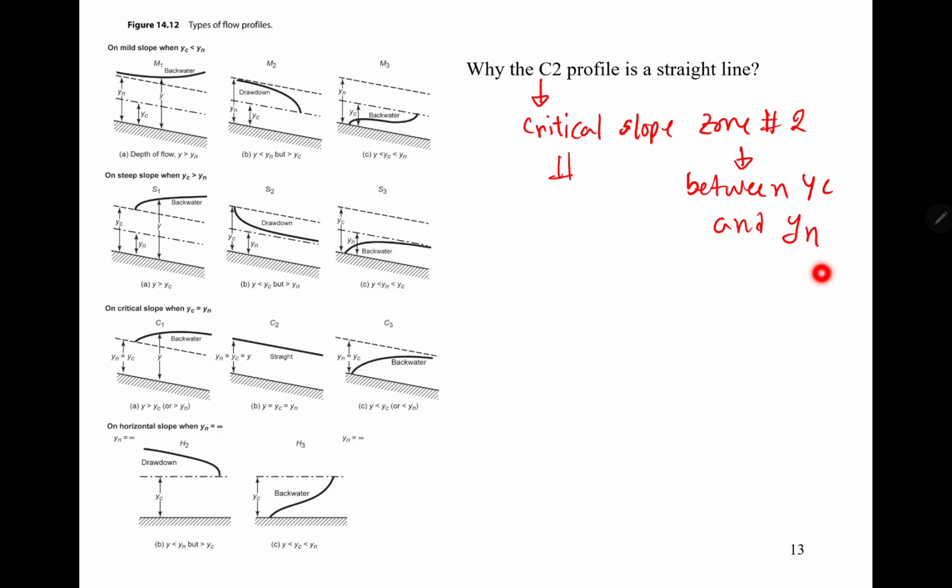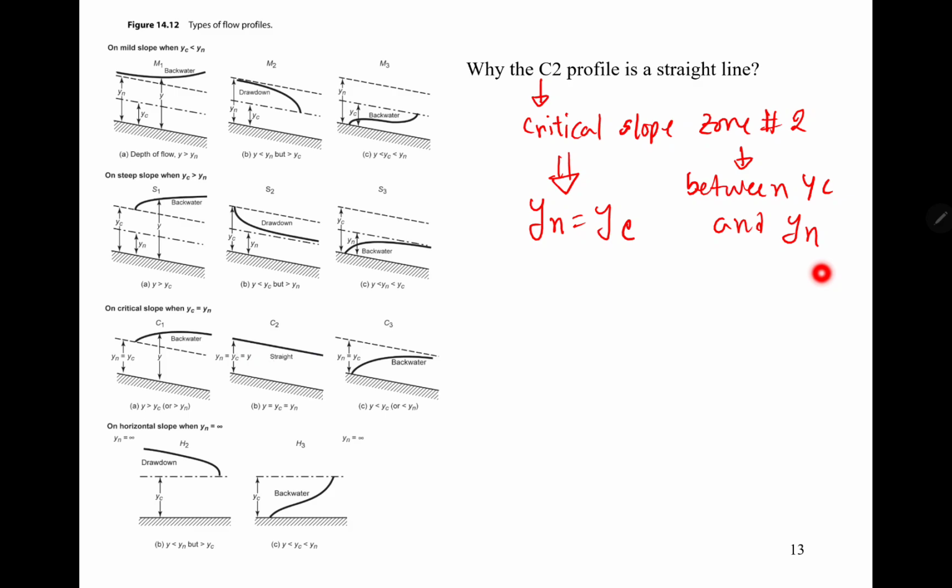For a critical slope, we also know yn equals yc. That means zone 2 is non-existent, and that's why for C2, since yn equals yc, the NDL and CDL lines are the same line, and there is no separate zone 2.